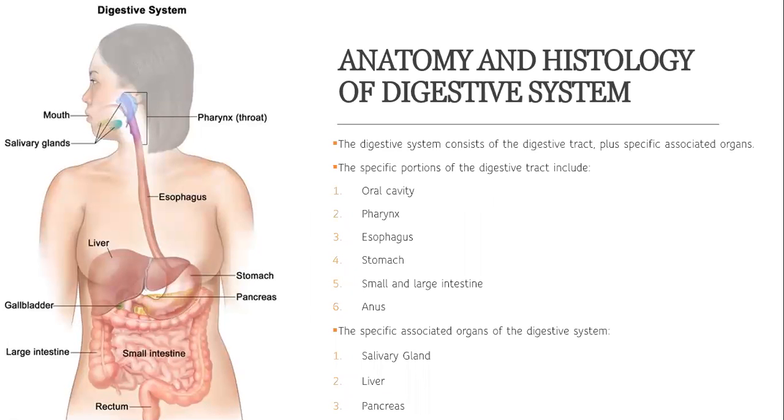So what is the anatomy and histology of the digestive system? Our digestive system consists of the digestive tract and other associated organs. That includes our oral cavity, the pharynx, the esophagus, the stomach, the small and large intestine, and the anus, and the specific associated organs such as the salivary glands, the liver, and our pancreas.